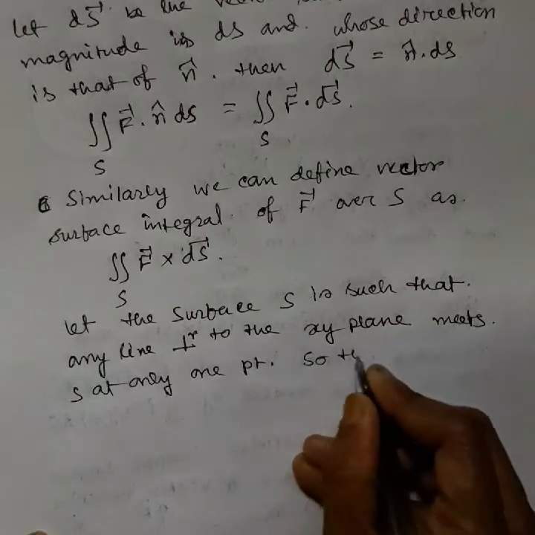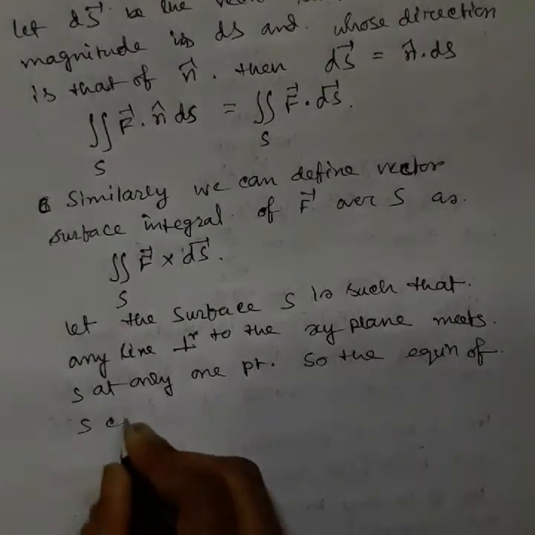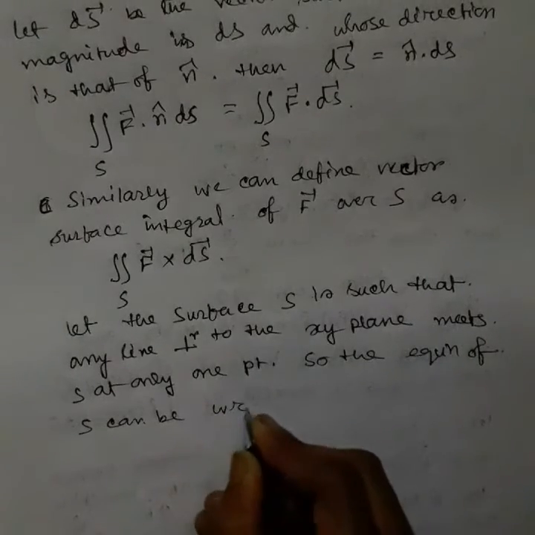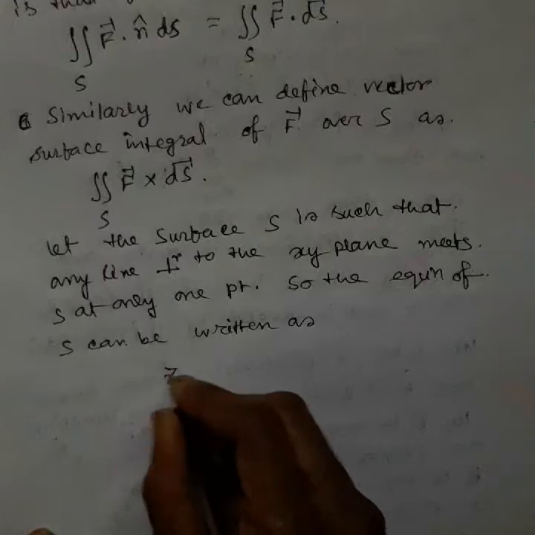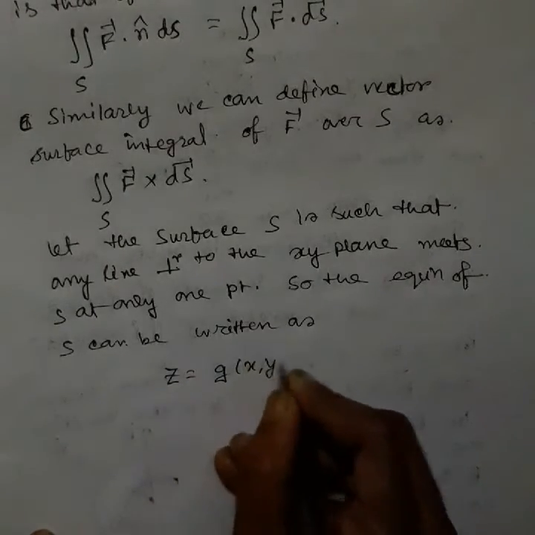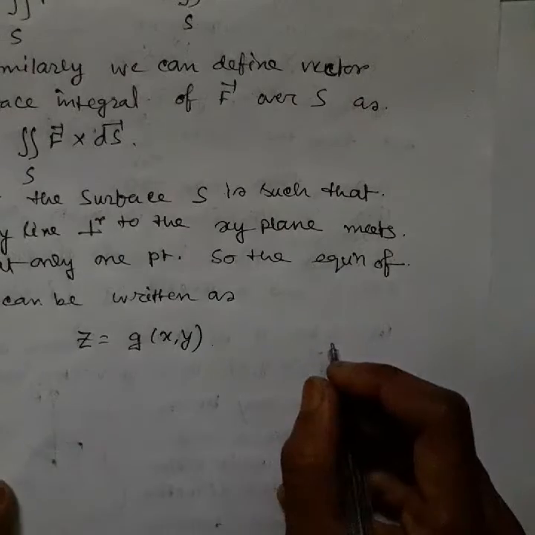Then the equation of S can be written as z equals g of x, y. That means z is a function of x, y.